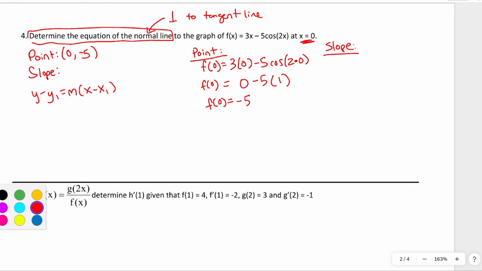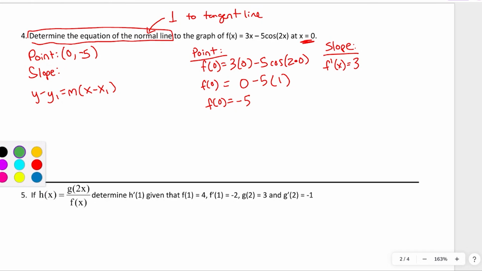So to get the slope, we need to first find the derivative of f of x. So f prime will be the derivative of 3x, which is 3. Then we got to differentiate this composite function. My outside function will be negative 5 times cosine, and my inside function is 2x. So the derivative of negative 5 cosine, now let's back this up a little bit. The derivative of cosine is the opposite of sine.